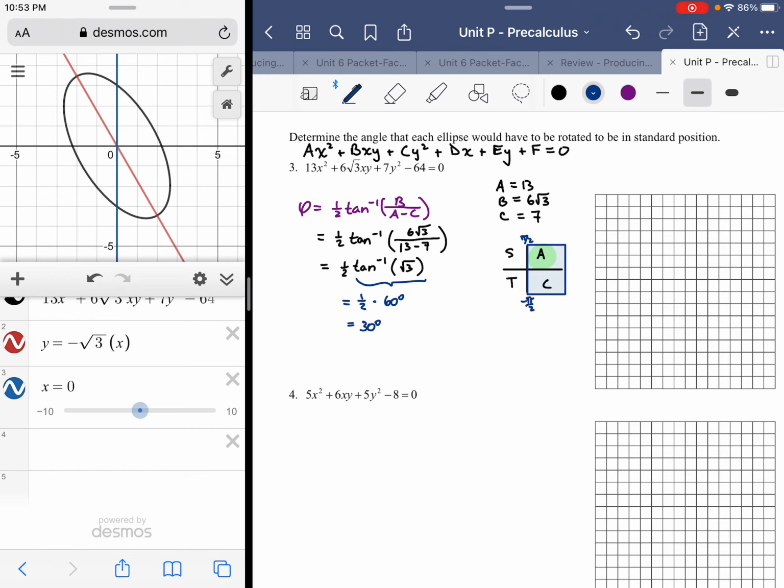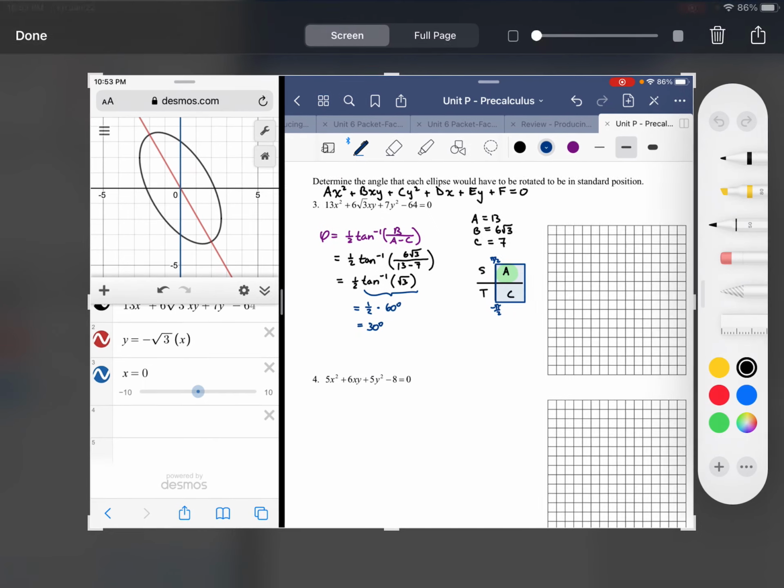We didn't really investigate what this original ellipse would be without any rotation, but now we have the sense. If we unrotate this, it would play out the right way.